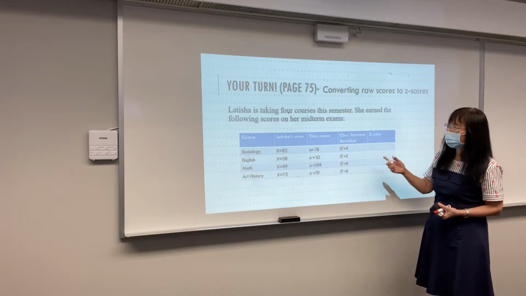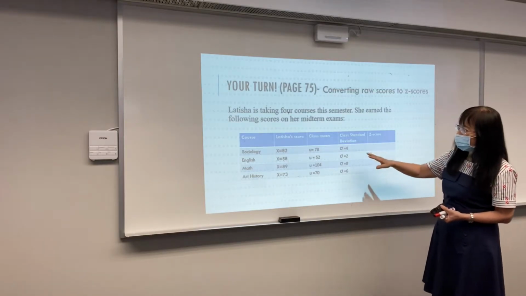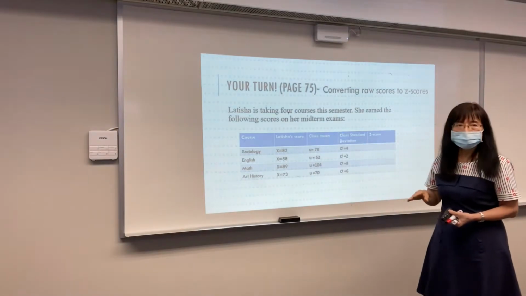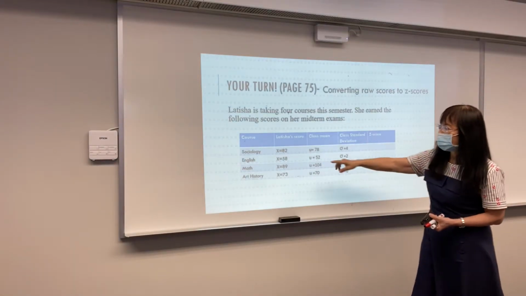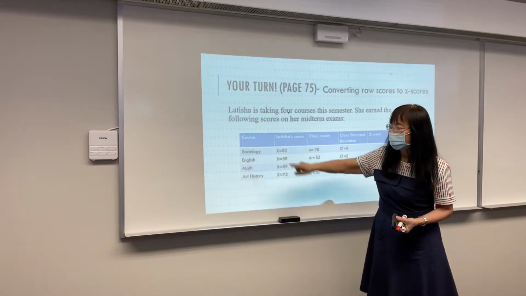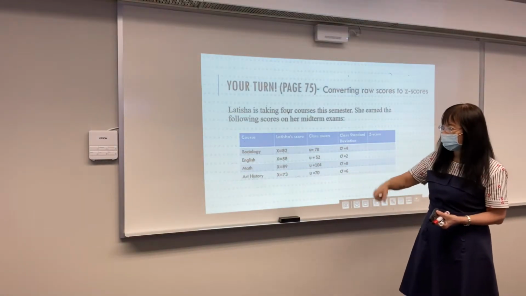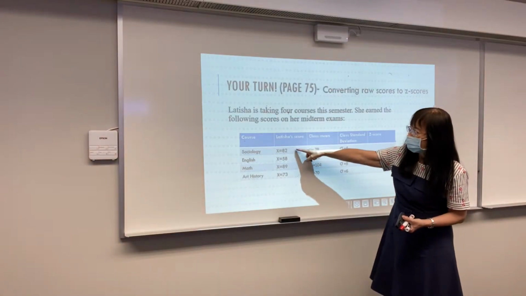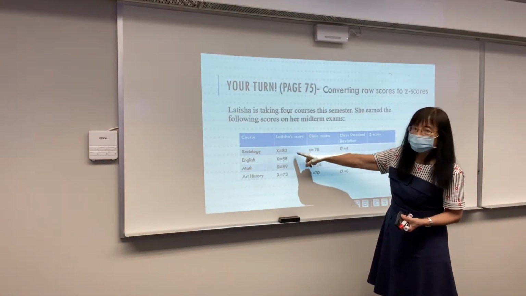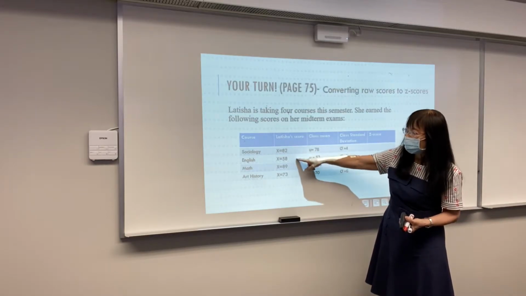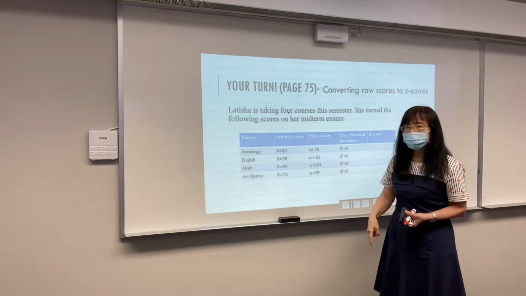Page 75. Letitia takes 4 courses this semester: sociology, English, math, and art history. Assume she got the raw scores 82, 58, 89, and 73.